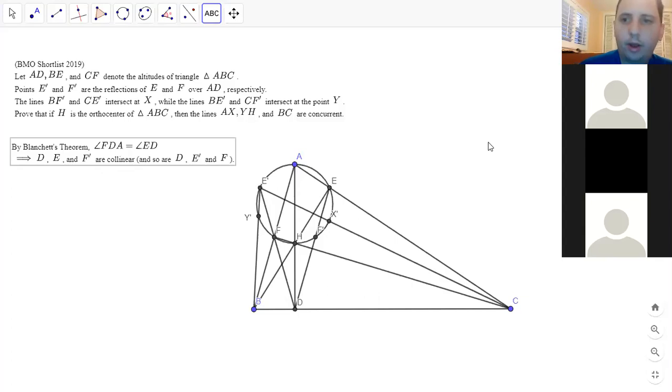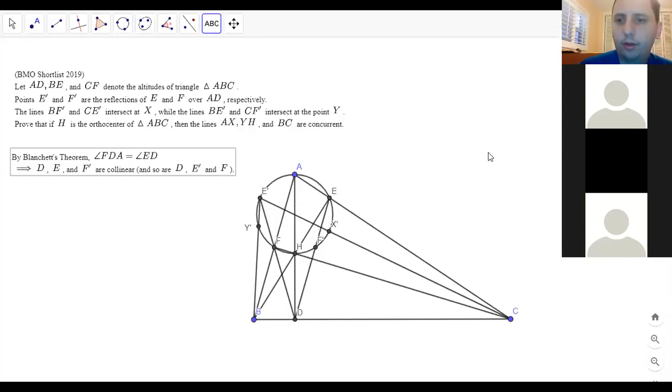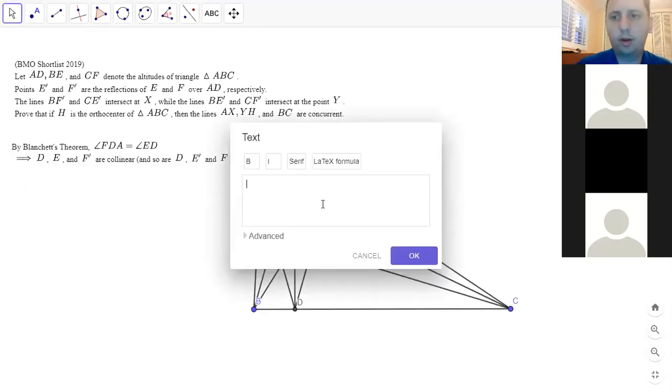Okay, so now I'm going to use Pascal's on the hexagon that Hakan said. So let CE prime cut the circle AEH at X prime, I'll say.